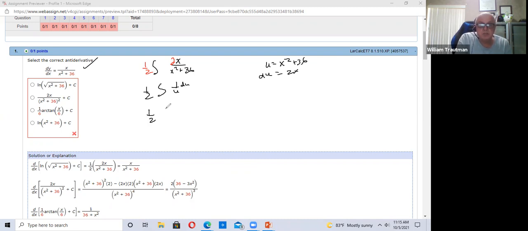And anybody off the top of the head know the integration of 1 over u? Natural log of u, plus c. So I put u back in there.